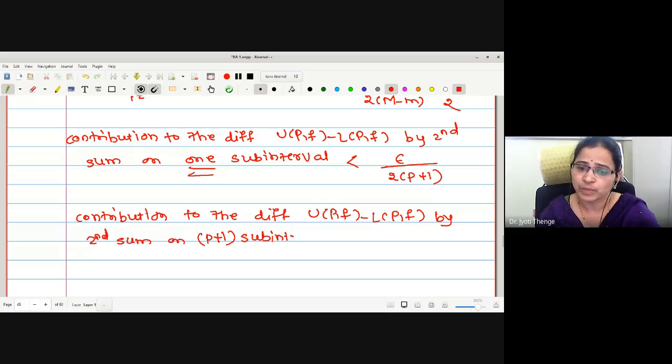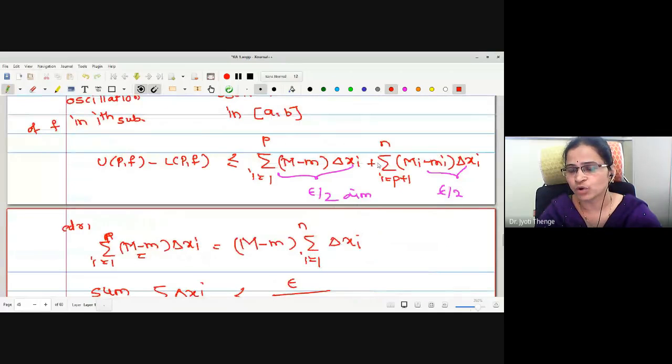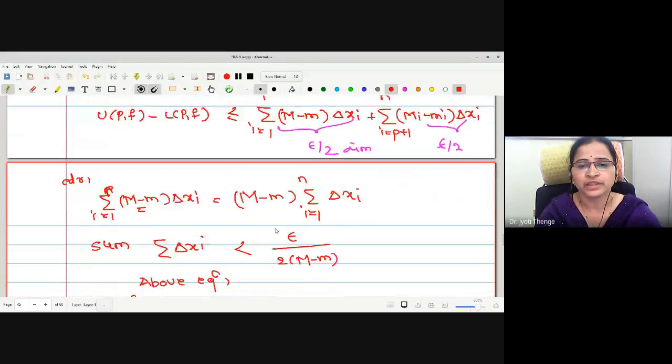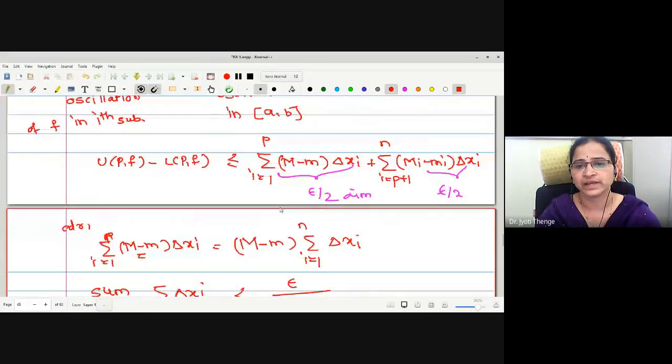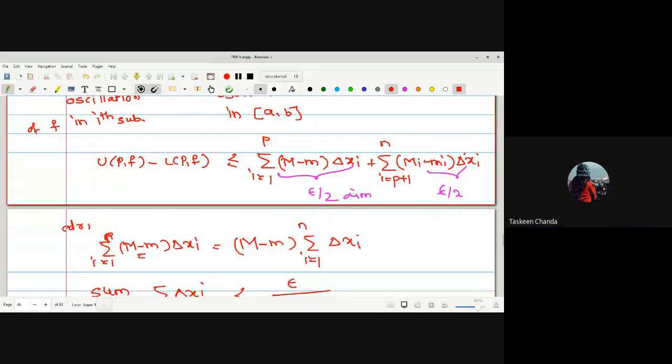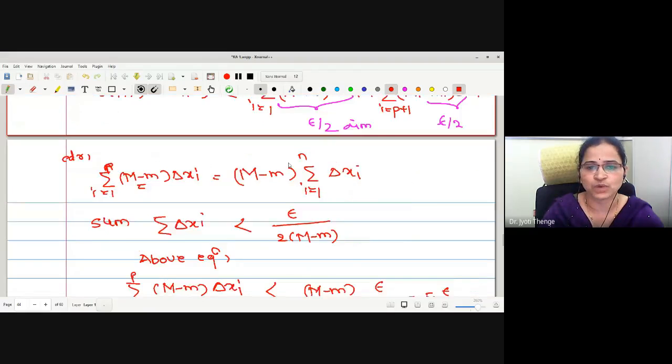Then on p plus 1 subintervals, how much is the contribution? This is p plus 1 times epsilon upon 2 times p plus 1, which is actually epsilon upon 2. Therefore, here we have made this contribution also epsilon by 2. Together, how much does it give us? I will call this statement number 1. Epsilon. Yes, it is epsilon.